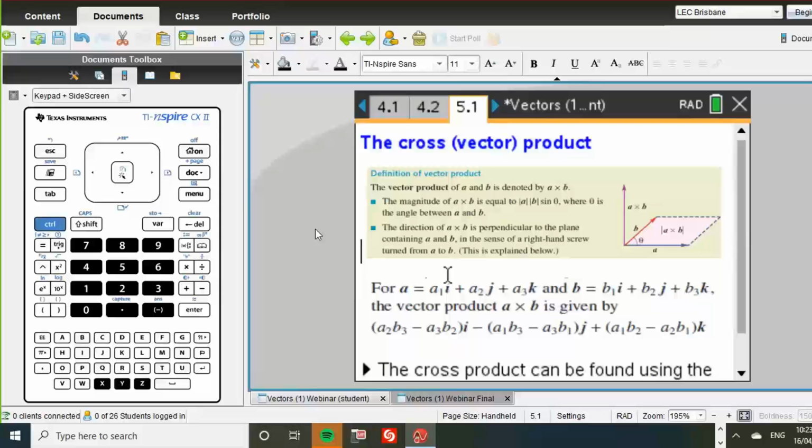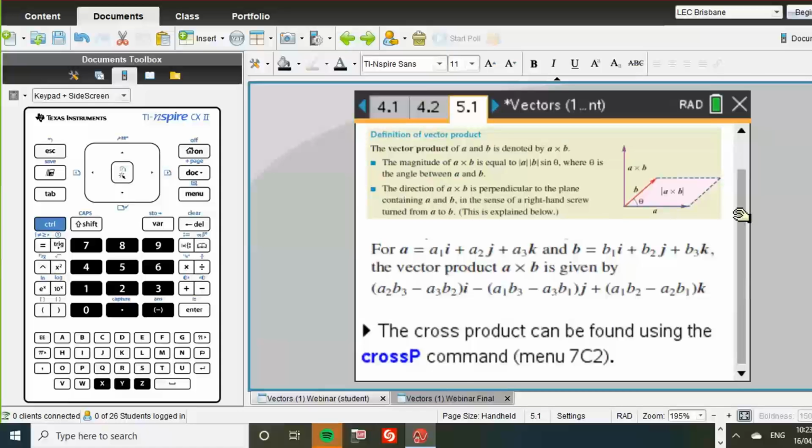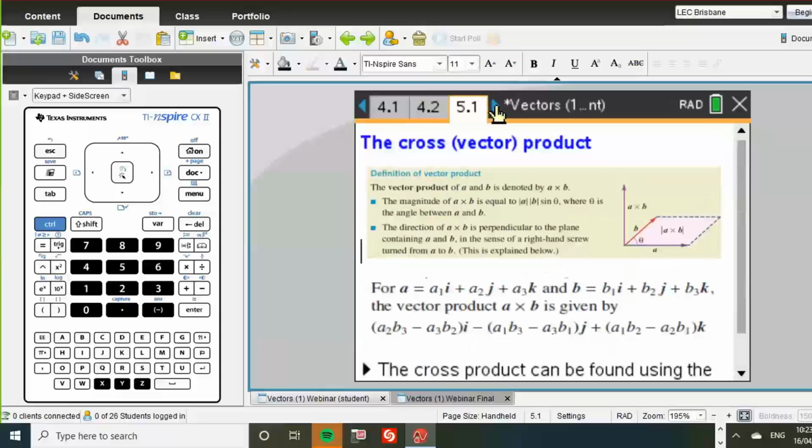In component form, if you've got your two vectors, the vector product is given by that expression there, and the cross product can be found using the crossP command, which is in the same menu as the dot product. So it'll be matrix and vector, advanced vector operations, and then cross product. Okay, move to the next page.